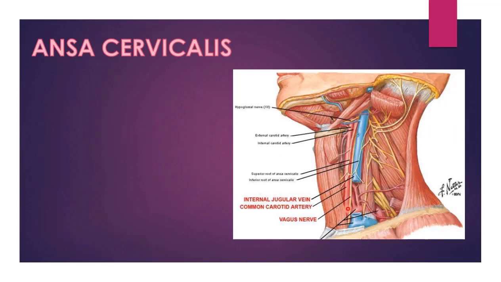Next, on the anterior wall of the carotid sheath you see a nerve loop which is called the Ansa Cervicalis. It is formed by a superior root and an inferior root.